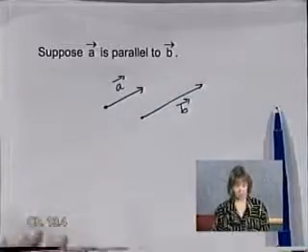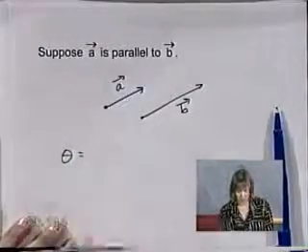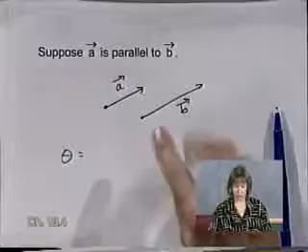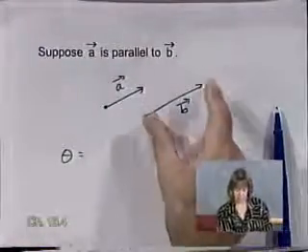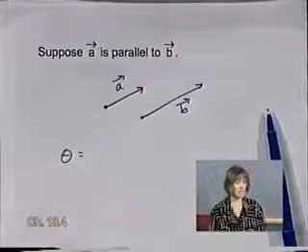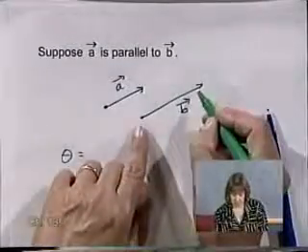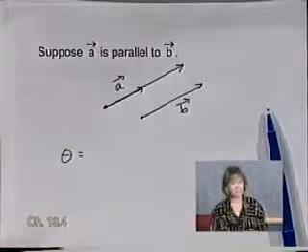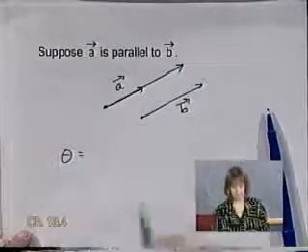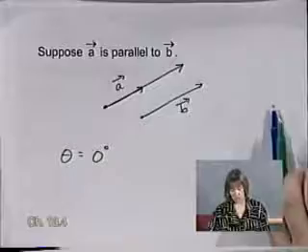Now remember, if I want to find the angle between them, what is the angle between them? Remember, you can always draw a vector that has the exact same direction and the same length, but move the two vectors tail to tail, right? So if I move this vector B to be tail to tail with vector A, what is the angle between them? 0.